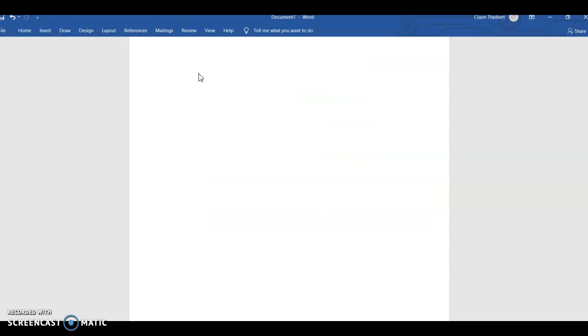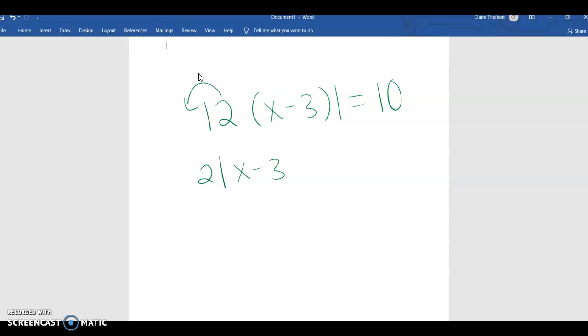The next one says the absolute value of 2x minus 3 equals 10. Okay, so right away, we want to get this outside. So we're going to put 2x minus 3 equals 10. Again, this is multiplying.